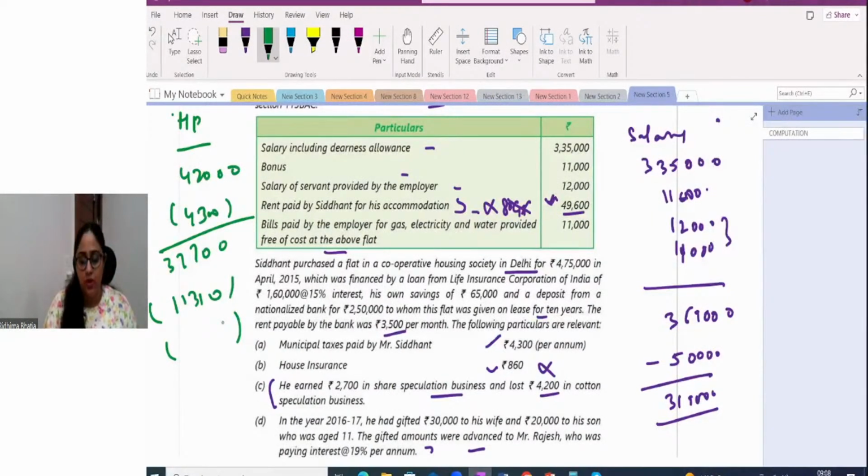Interest on loan. Interest on loan कितना है? 1,60,000 पे.